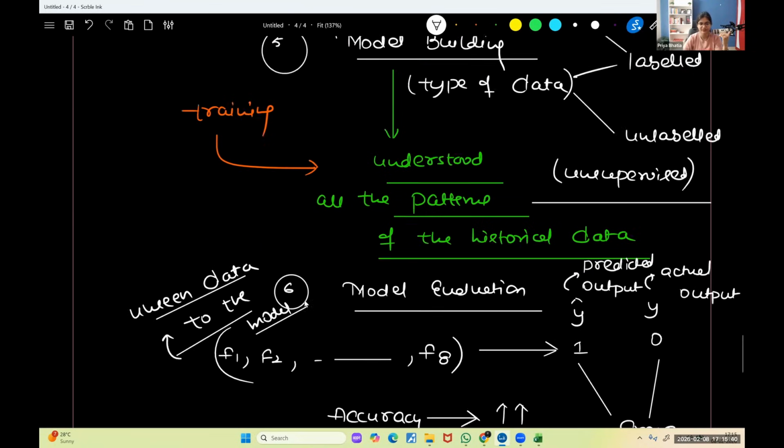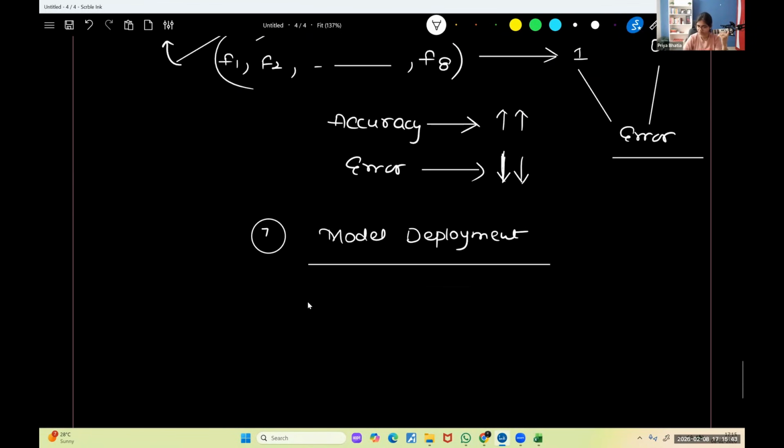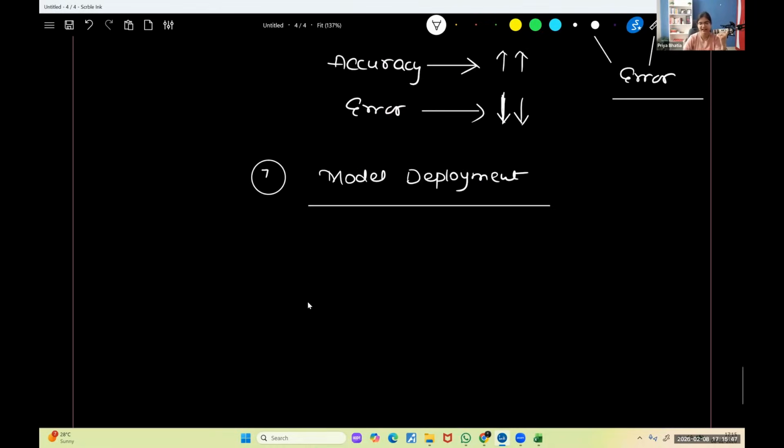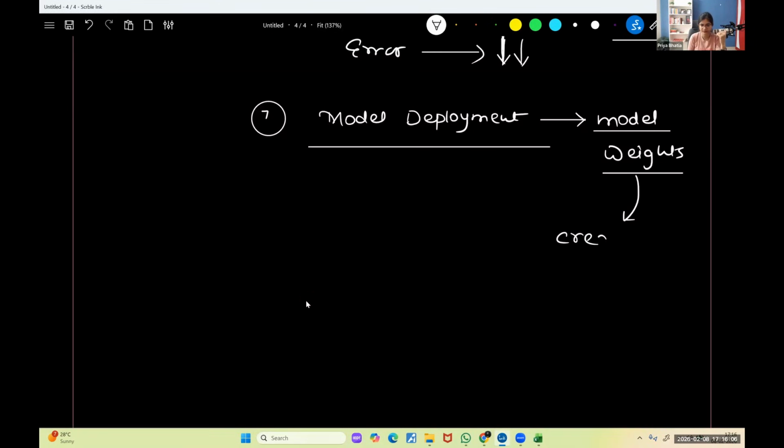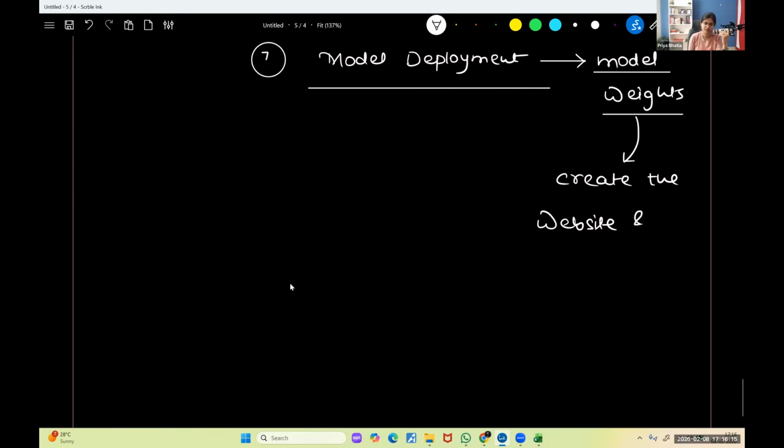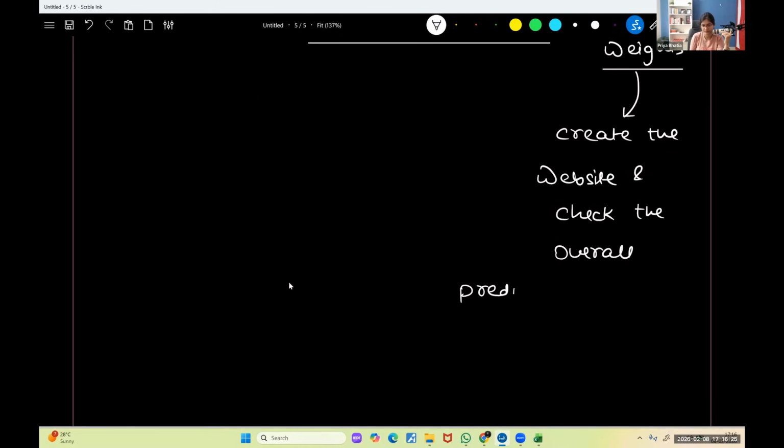Is this clear? What's the main difference between model building, model evaluation and model deployment? सो ओवर हियर जो भी आपने मॉडल डिजाइन किया है, whatever be your model weights you have, you will try to create the website and check the overall predictions of the model.